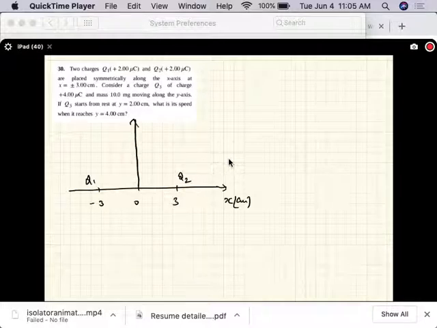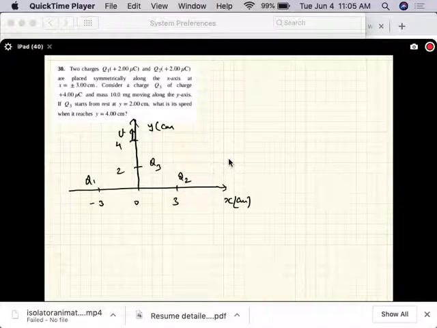Here's the y-axis. And Q3 starts here. And we want to find the velocity of Q3 when it's at 4 centimeters. So that's what we want to find.